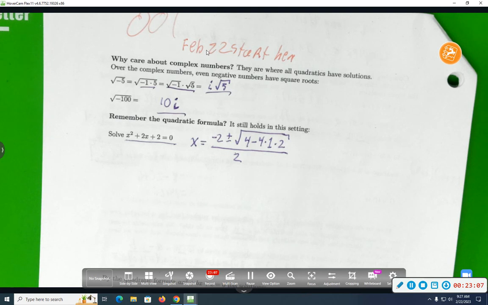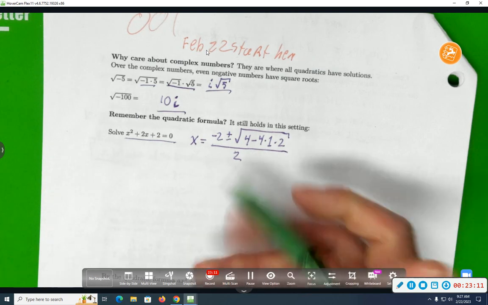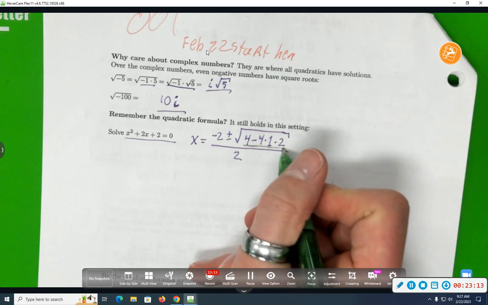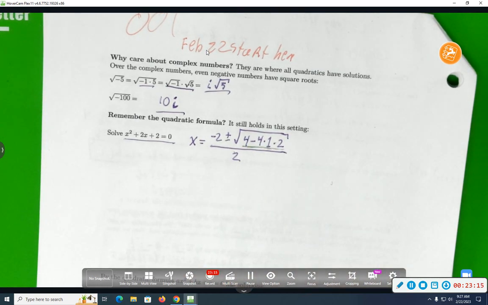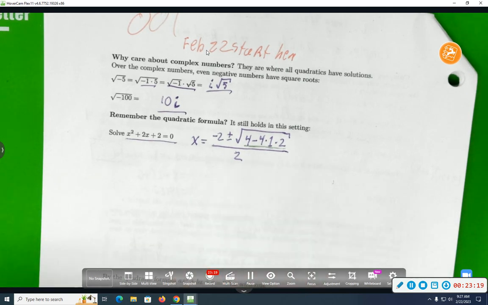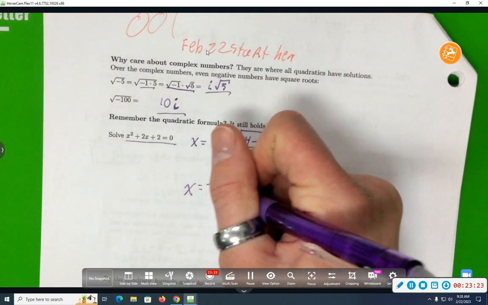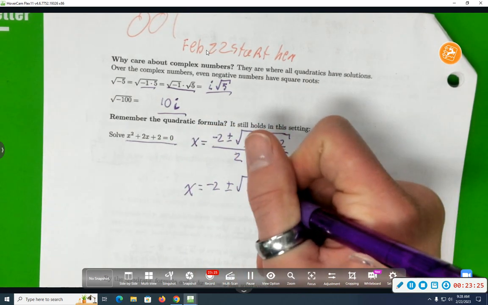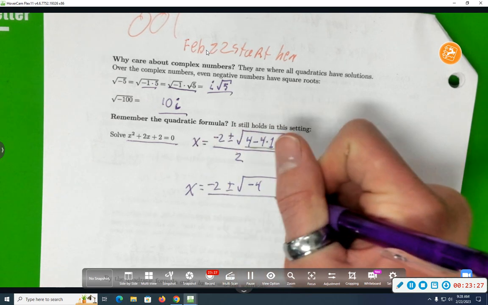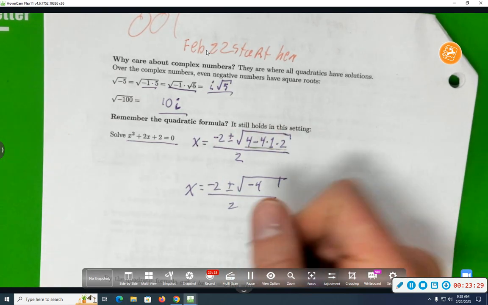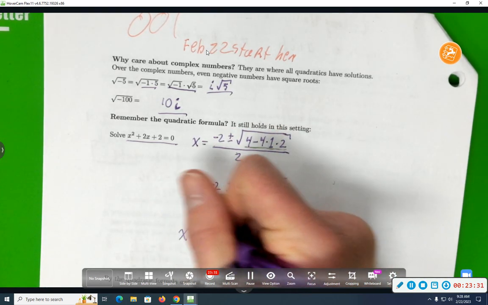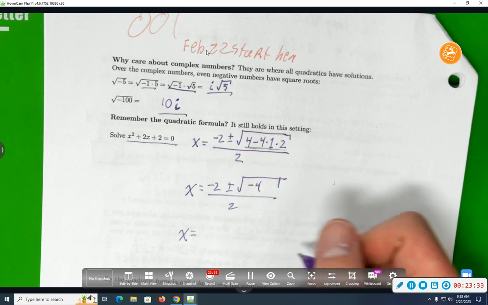When you simplify the thing under that square root, what do you get? Just this piece. What is that? 4 minus 8, also known as minus 4. X equals negative 2 plus or minus square root minus 4 over 2. And what's the square root of minus 4? 2i.